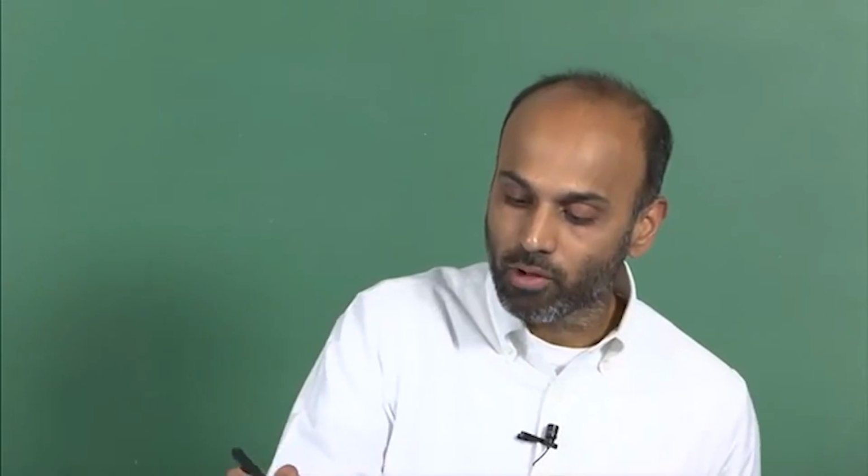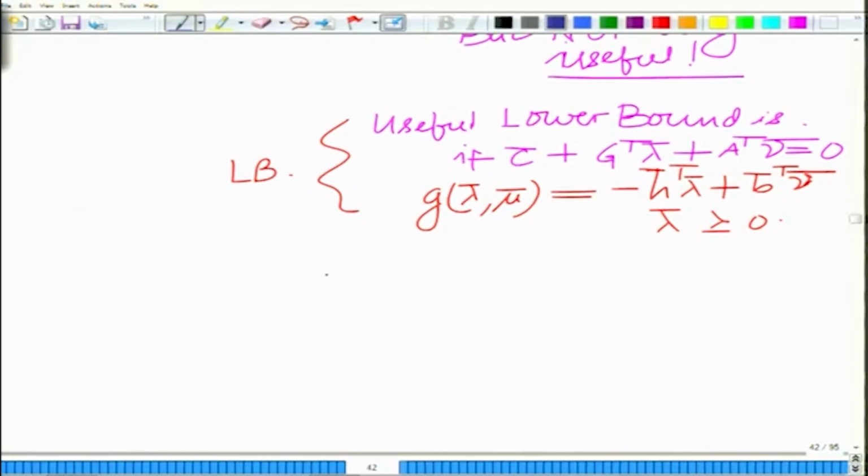So, the best lower bound, which means something that is close. Everything is a lower bound. What is the best lower bound? Something that is the maximum value. If you remember the picture, this is the original problem which is convex.